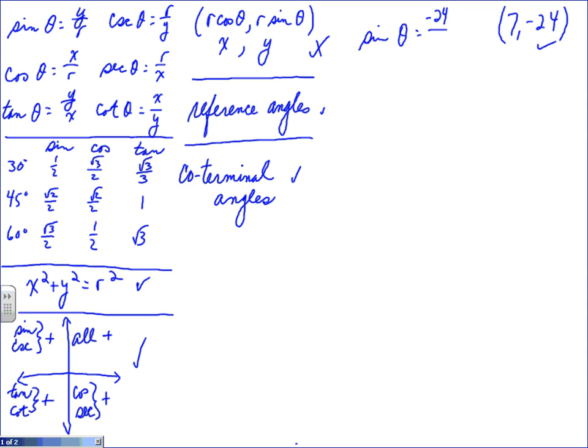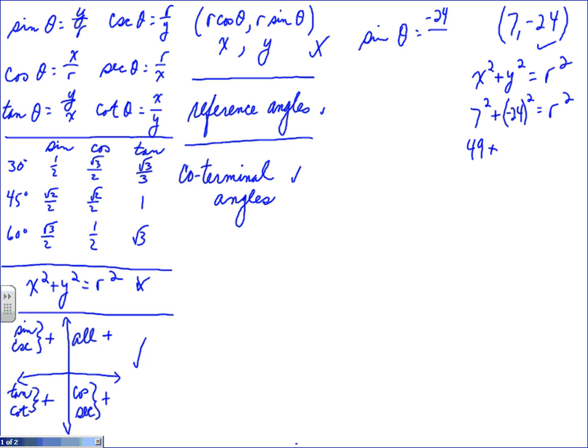What do you have to do to find r? Pythagorean theorem. You don't have to whisper. X squared plus y squared equals r squared. All right, and that's one of the things that we had to learn. That's this one right here. So x squared plus y squared equals r squared.